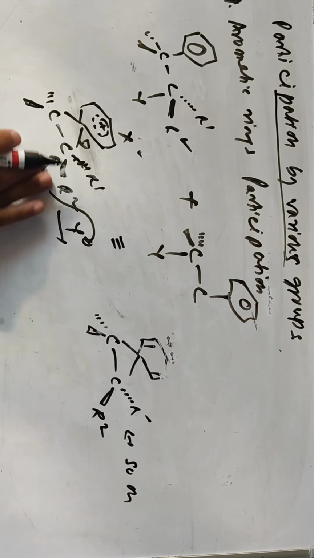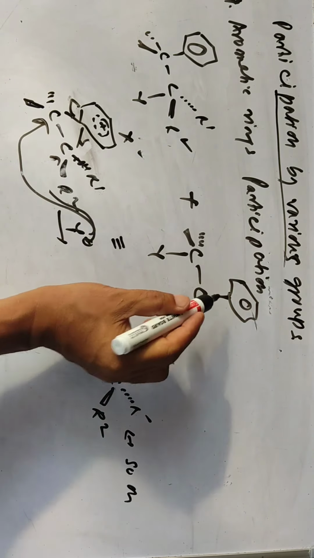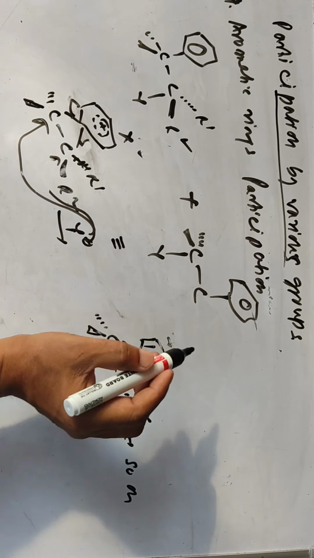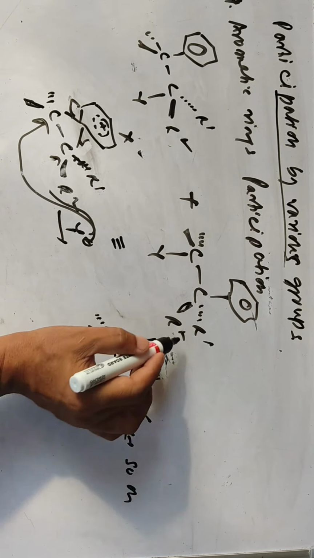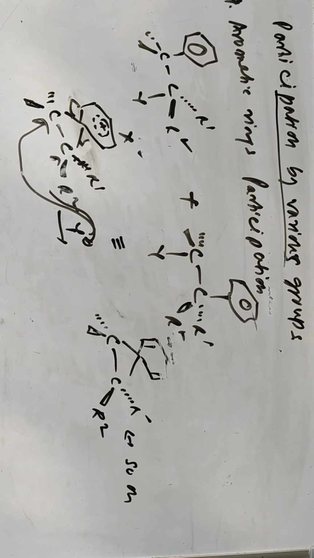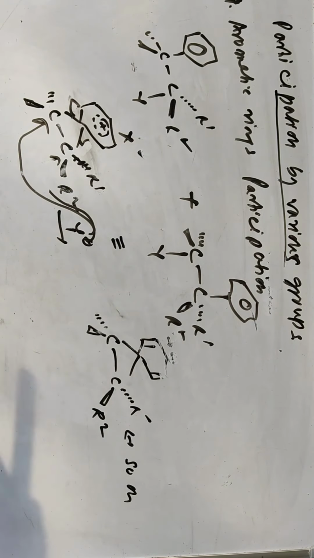Now Y attacks this side, so it goes this way. Here phenyl goes this way, and then we have R1 and R2. So we've got two types of products. Here rearrangement takes place: R1, R2 rearrangement at C1, and then retention at C2 takes place like this.